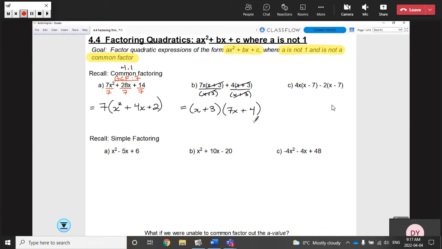Now, that is truly what's going on here when you common factor out a binomial. But in this example, a lot of students I've taught tell me that they kind of take the math right out of it. So what they do is this. You ready? They say, oh, x minus 7 and x minus 7.